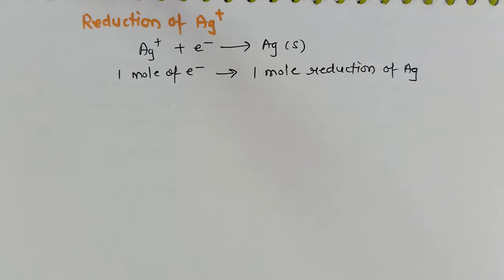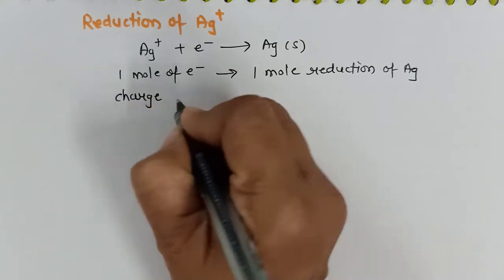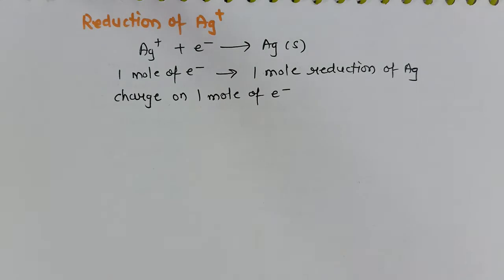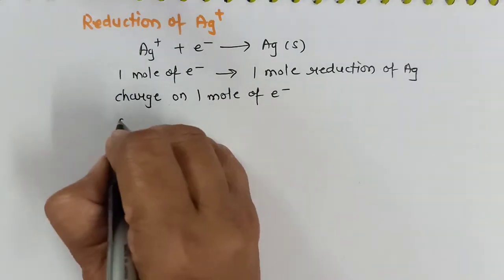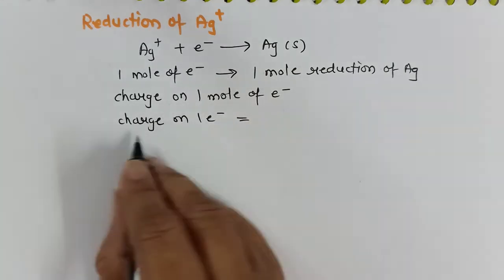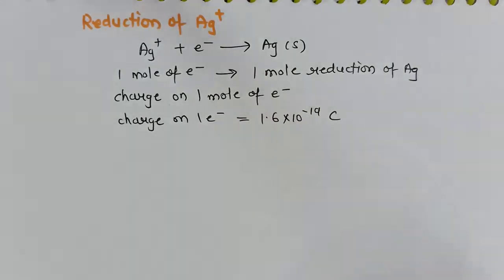But we are passing the electric current, so we are talking in terms of charge. So I must know the charge on 1 mole of electrons. For that I must know the charge on 1 electron. We know the charge on 1 electron is 1.6 into 10 to the power minus 19 coulomb.